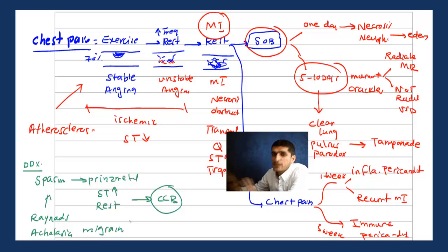Lung clear means what? Lung crackles means what? Is it just acute pulmonary edema? What does acute pulmonary edema mean? Acute pulmonary edema is basically the symptom of a disease, which is either valvular heart disease like mitral regurg. I will talk about aortic regurg maybe in the next lectures, and about valvular heart disease.